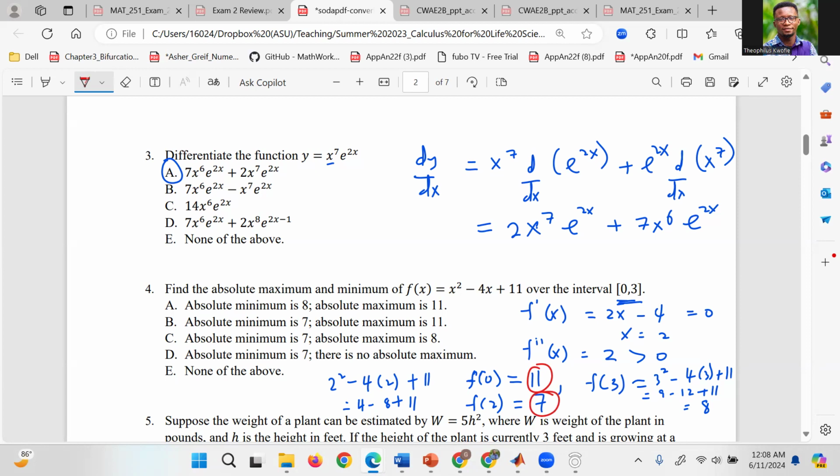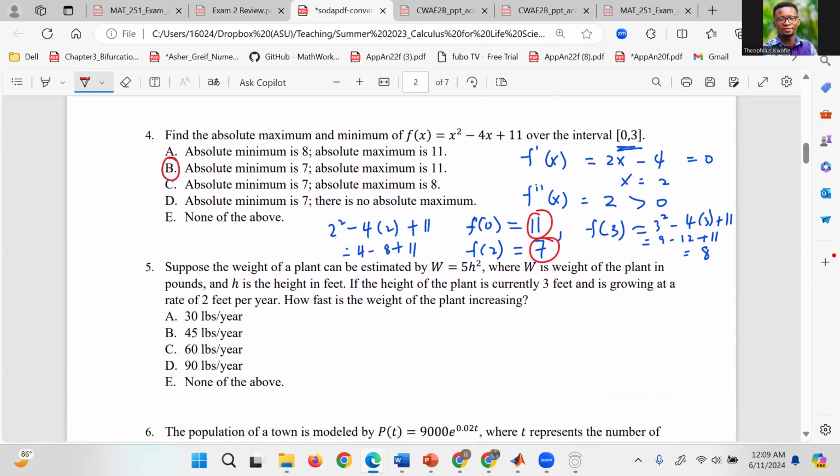So on that note, our absolute minimum will be 7, and our absolute maximum will be 11. So in that note, our B will be our result. Okay. Good. So let's move on to the next problem.